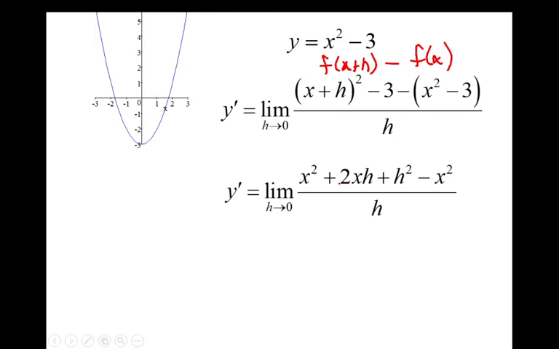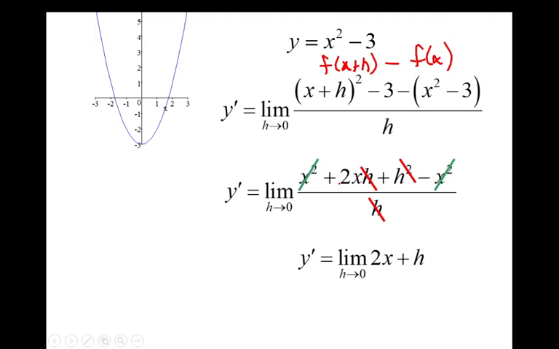So next step, FOIL this out. The x squared minus x squared, and the 3 and the positive 3, zero out. And look, again, I should have just h's in the top, right? Everything better have an h. Those h's divide out. So we get the limit of 2x plus h.